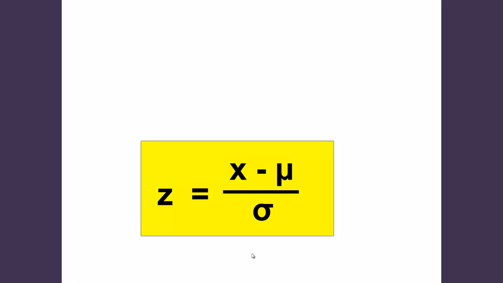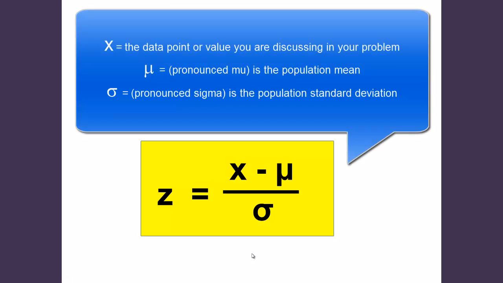The formula is z equals x minus the mean over the standard deviation. X minus mu divided by sigma. X is our data, mu is our mean, and sigma is our standard deviation.